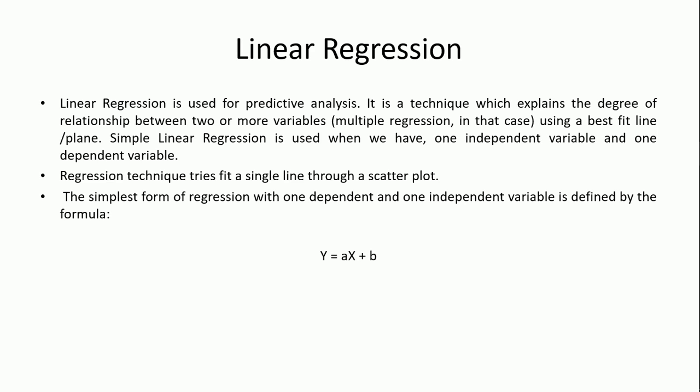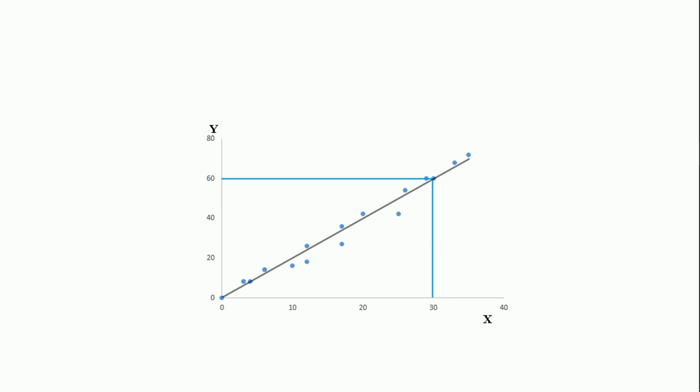So we can use this formula to determine. This is the figure: x-axis, y-axis, and these are our data points, and a line is drawn through them. How it is decided which line is best, I will show you later. For now, keep this simple concept in mind.